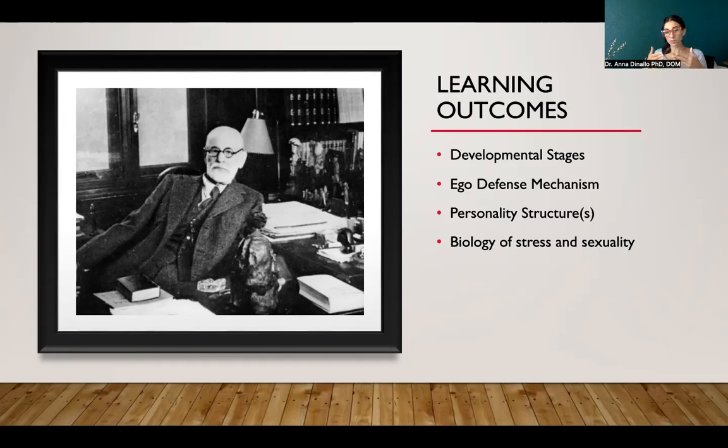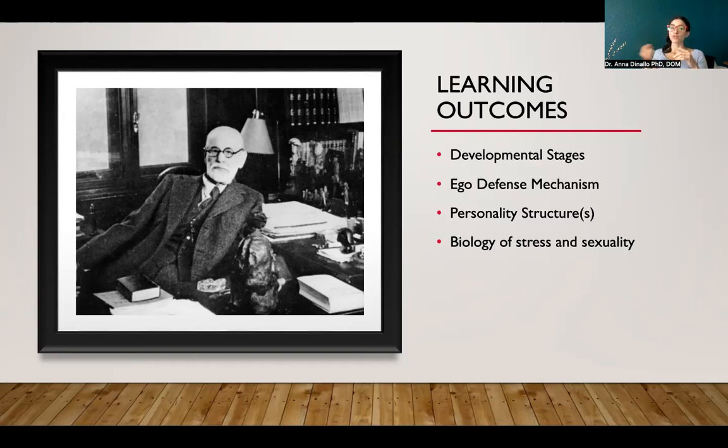So what he did was create these early childhood developmental stages, which we hadn't seen as a piece of psychology yet. And we're looking at, with these developmental stages, how do these early childhood years shape how the ego is formed?